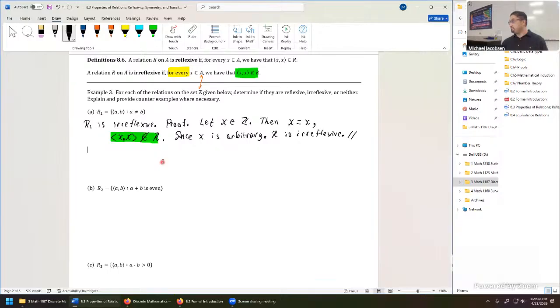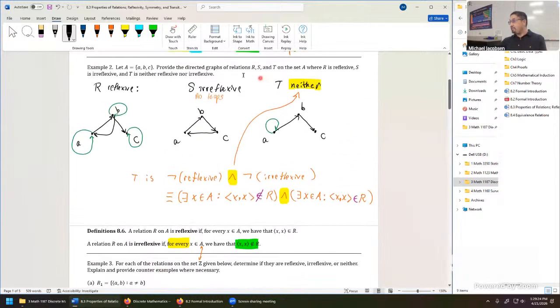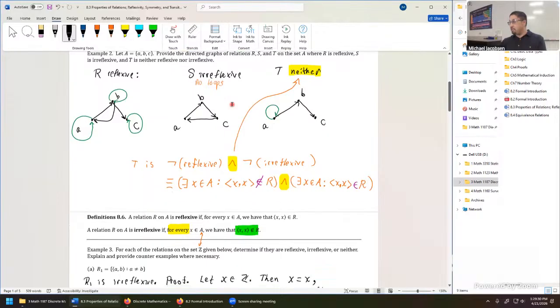Okay, it's a tricky problem in a certain way, right? We have a way to visualize what irreflexive really looks like, something like this. But that was a finite set. So what we have to do is try to make a mental image.